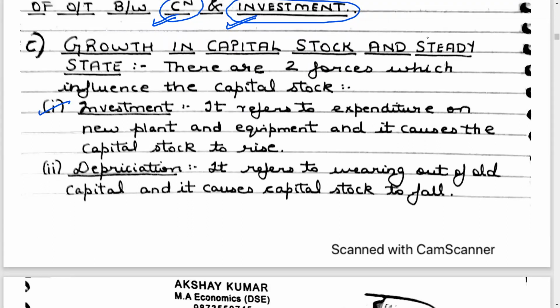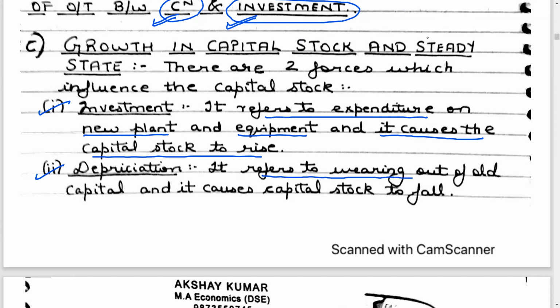What is investment causing? Investment is causing the capital stock to rise. All of us know what is investment, right? Investment refers to the expenditure on new plants, buildings, equipments, and it causes the capital stock to rise. Obviously, more investment done by the firms causes a rise in the capital stock. And then, guys, we have depreciation. What is depreciation?